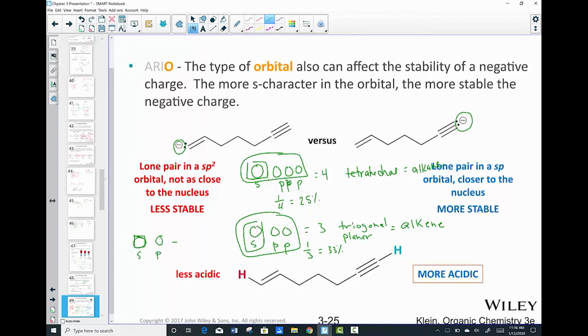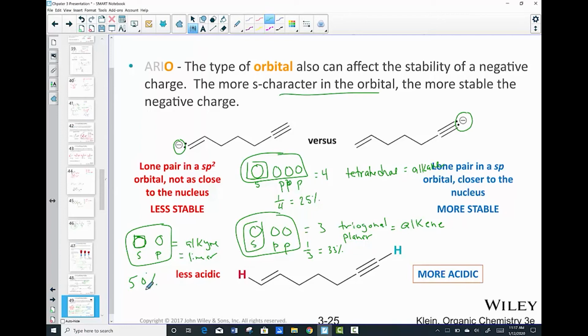sp is an alkyne. There's only 2 orbitals in a linear sp, right? This is the linear alkyne, 180 degrees. So 50% of the orbitals in a linear molecule are the s quality. So as the s character in the orbital increases, the more stable the negative charge.